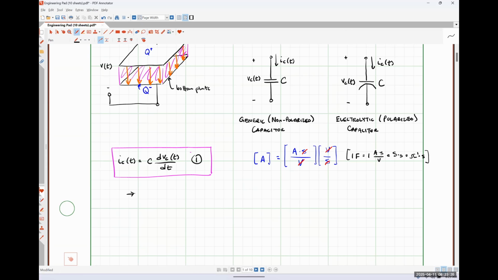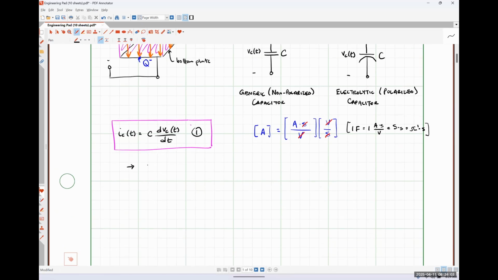So if I have a DC system where all of my voltages are constant, what would we expect the current flowing through any capacitors in that circuit to be? 0, because the derivative of a constant voltage is 0, okay? So if all of our capacitors are going to have exactly 0 amps of current flowing through them, what do they behave like in a DC circuit? An open circuit, which is the opposite of a short circuit that inductors behave like, right?